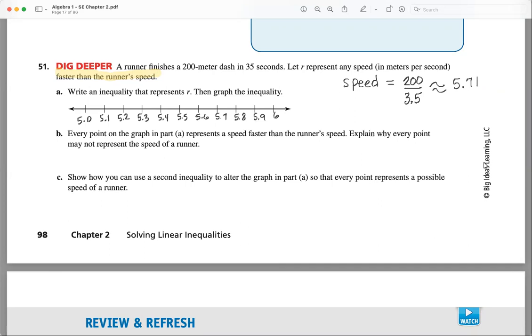So faster, 5.71 would be somewhere around here. I hope that this kind of falls correctly. Okay, and then faster would have to go to the right and the arrow, of course.